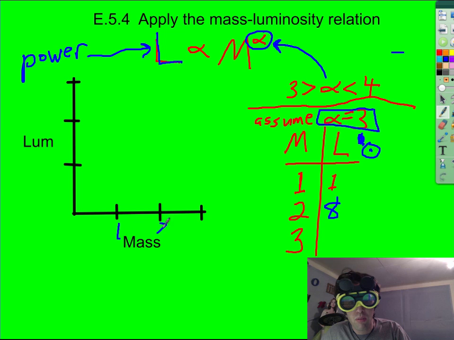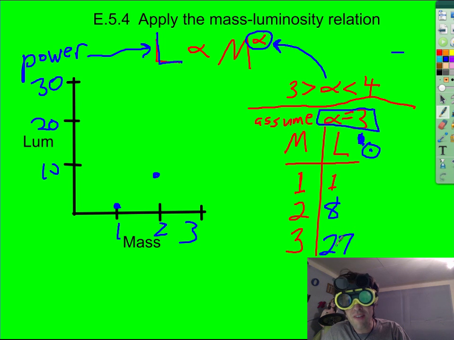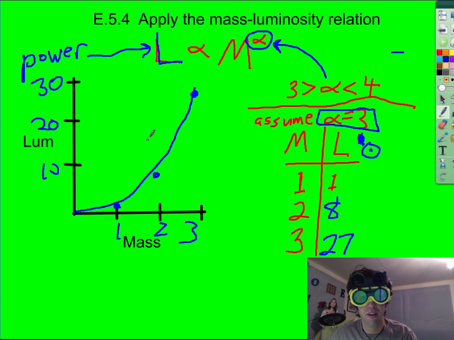So let me just put some numbers on here. 6, 10, 20, 30. 2 would be 8. 3 masses to the 3rd power would be 27 times the luminosity of the sun. And as stars get more massive, they get incredibly more powerful. And so all those awesome stars out there that are bigger than our sun, they're not just a little bit bigger, they're crazy more powerful.